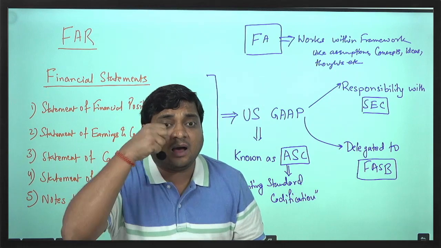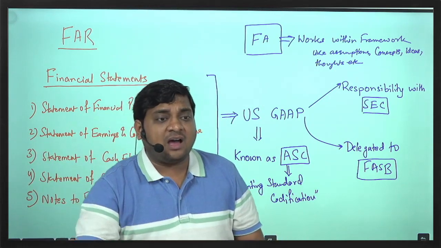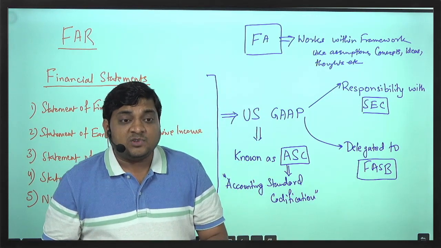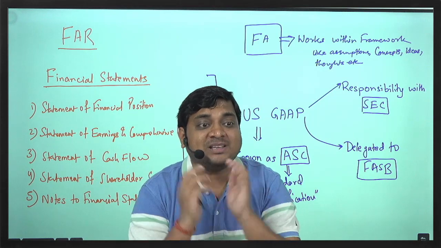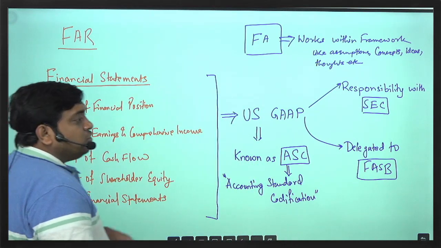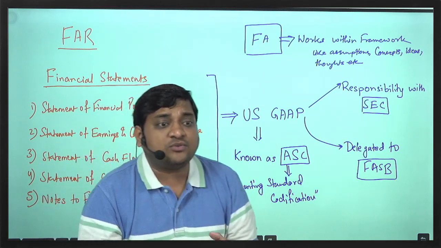If you see globally, most of the countries follow IFRS. US, it's US GAAP. So whenever you do any kind of accounting for US based companies, you have to follow US GAAP.